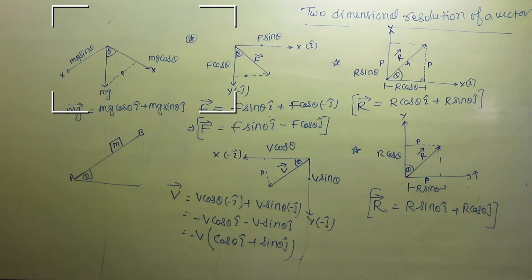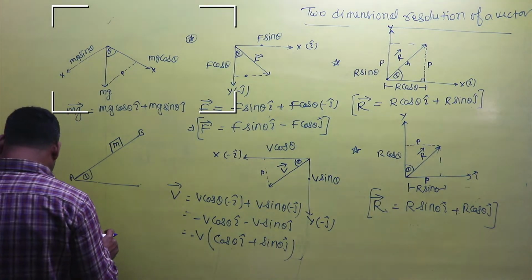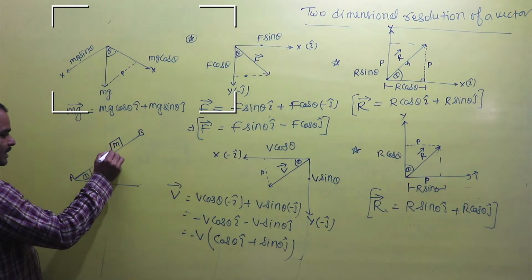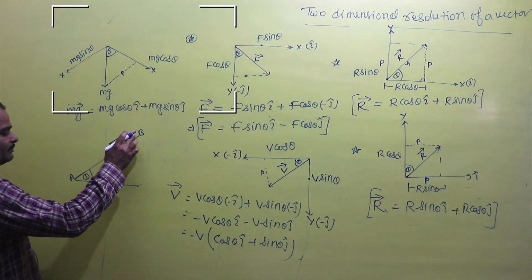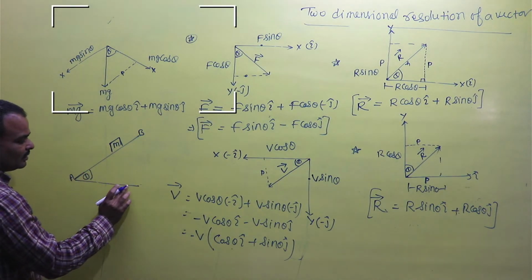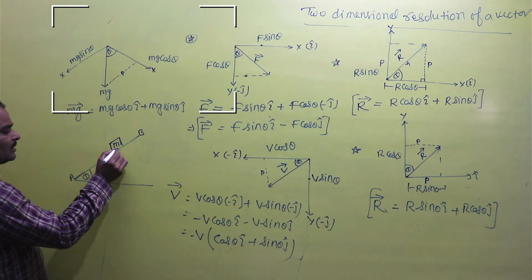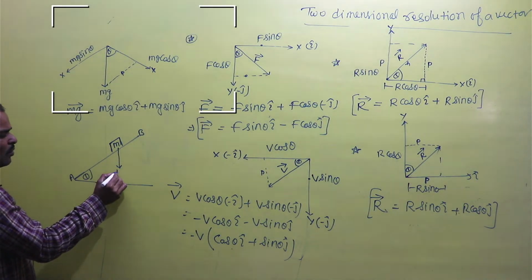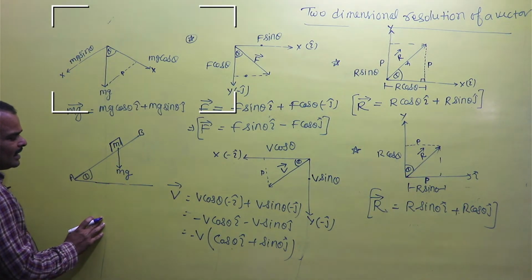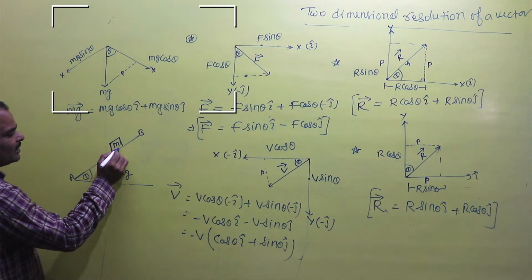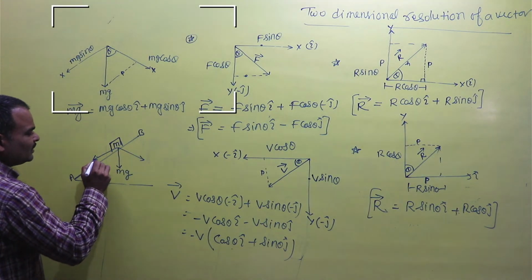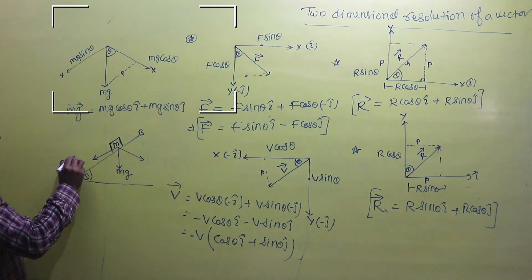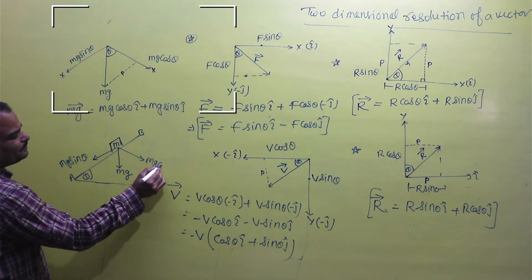If an object of mass m is situated on an inclined plane AB, inclined at an angle theta to the horizontal direction, then its weight force mg will act normally downward, and the mg may be divided into two parts. These are called mg sin theta and mg cos theta.